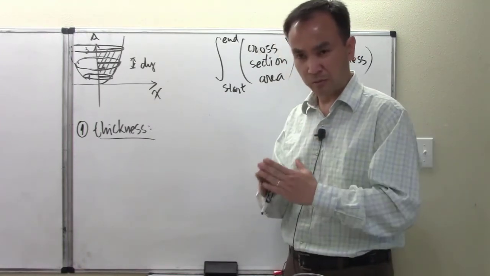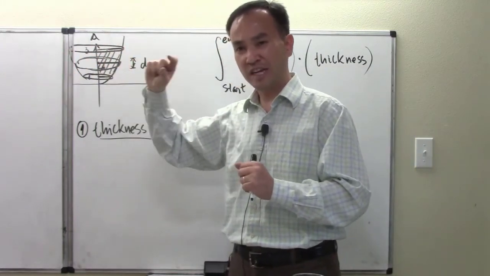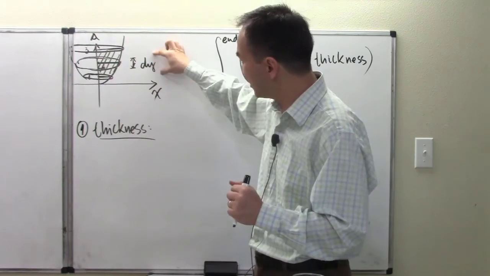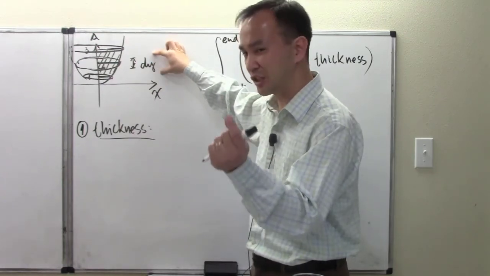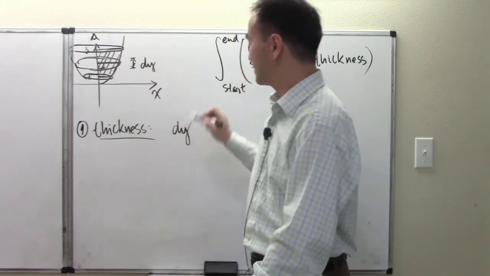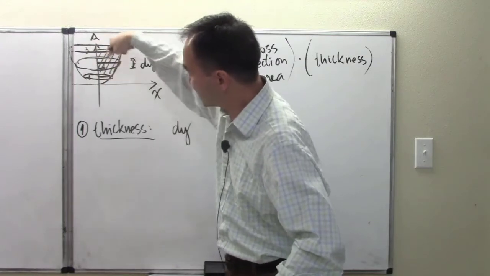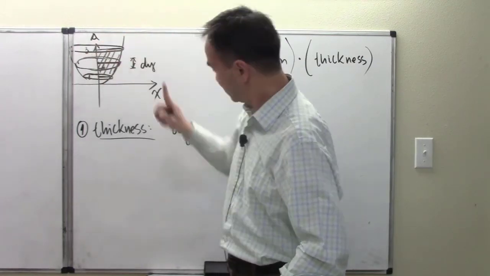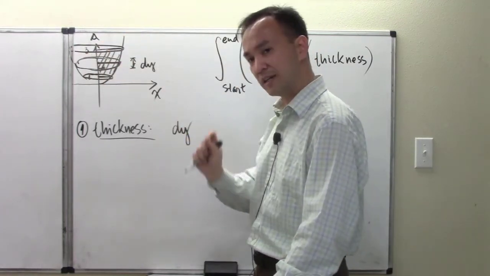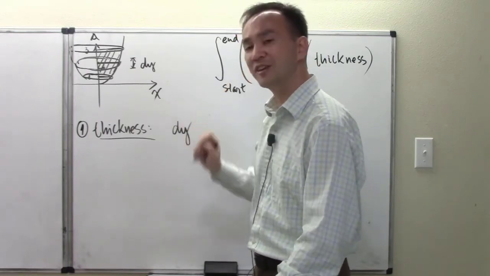The description already gave us the way our solid is, so all we do is extract that information, and having the thickness as dy is just a consequence of that. The thickness has to be dy because our stripe, once we rotate it, creates the thickness of the disk. That thickness has to be dy, the infinitesimally small change in y.